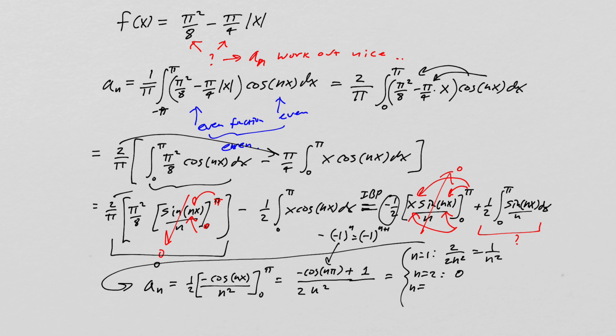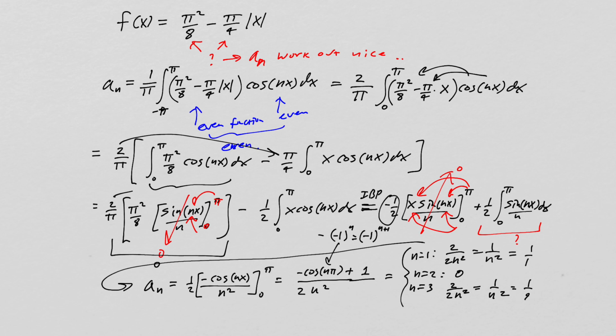And if I go to n equals 3, I'm going to get a 2 over 2n squared, so I'm going to end up with 1 over n squared, otherwise known as 1 over 9.